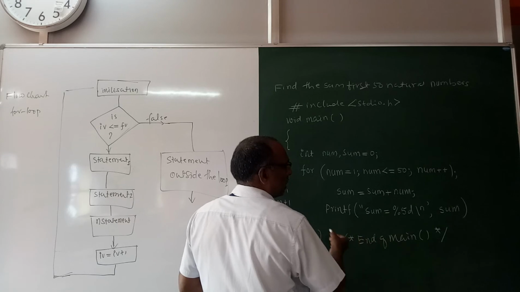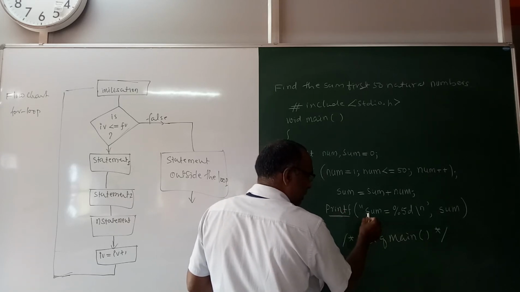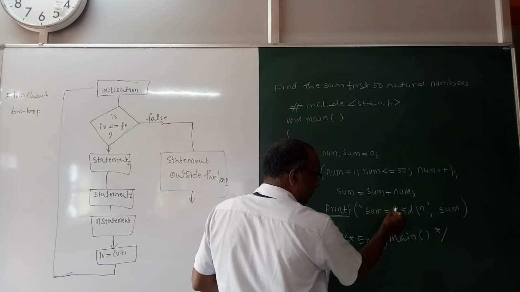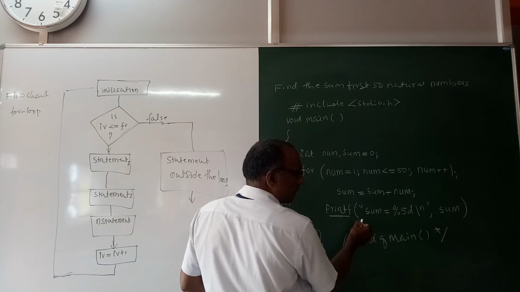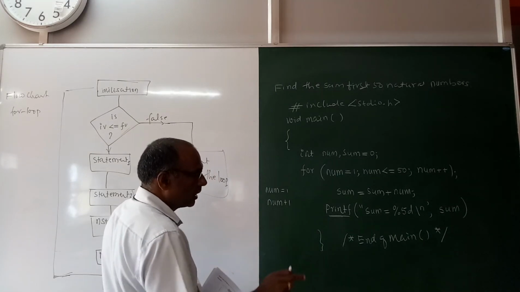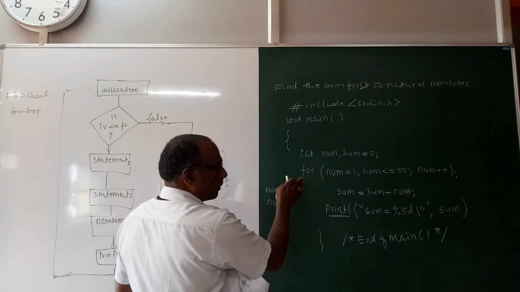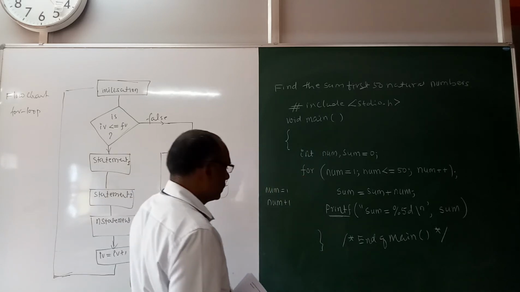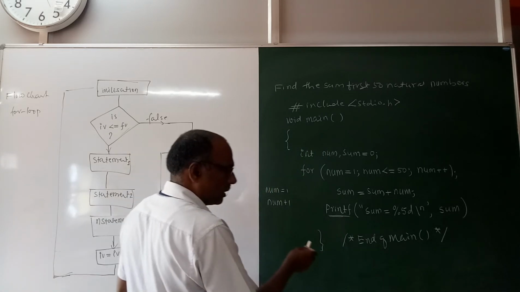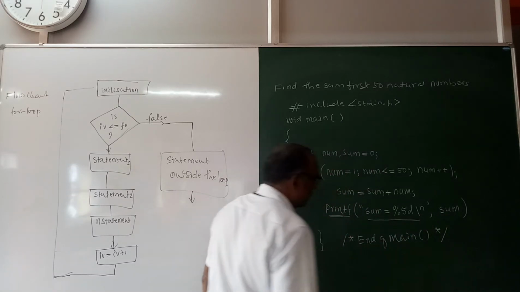It goes on, and it will print sum equal to sum. Within the loop we have given print, but every time it doesn't print the value. After completion of the task, when the loop comes out of the control statement, it will print here.